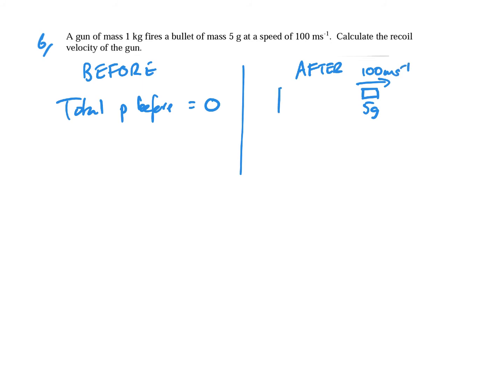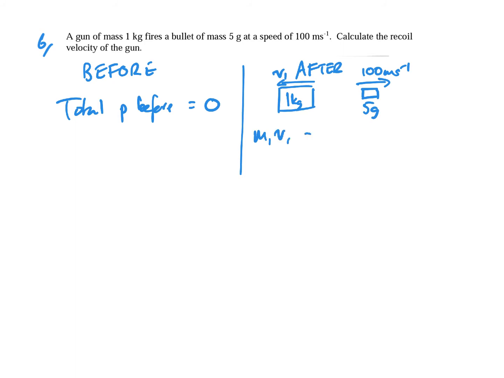The gun is 1 kilogram, and it's telling us it's recoiled, so I'm going to put in the arrow for V going that way. We'll call it V1. Let the other one be V2. But we'll need to make sure that we're clear that that should come out to be a negative value.